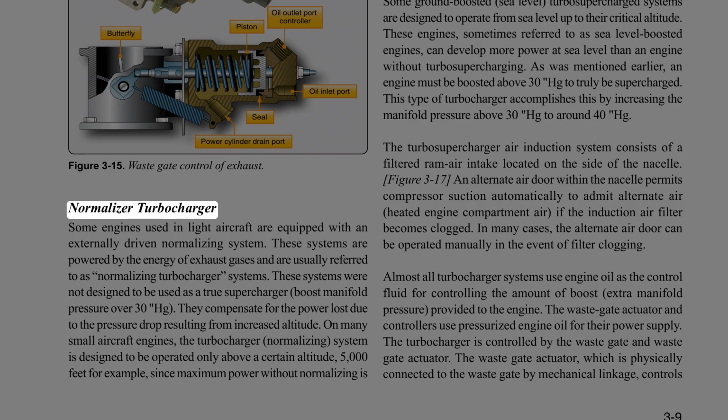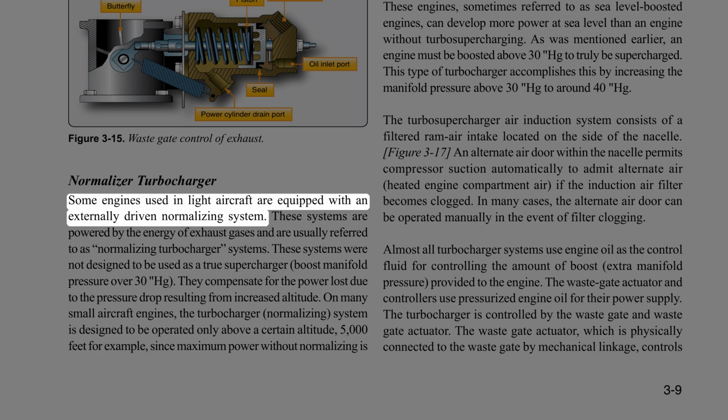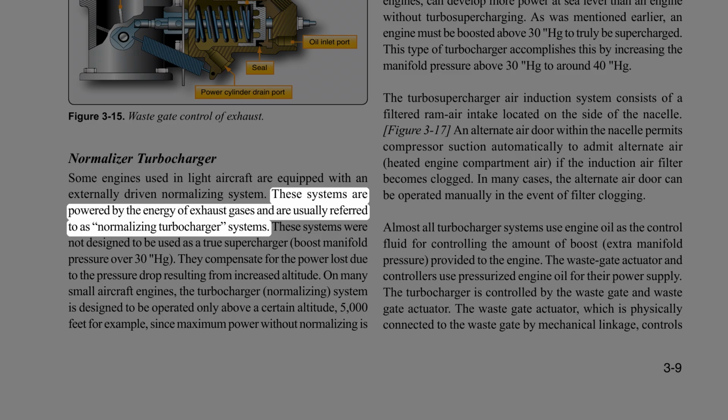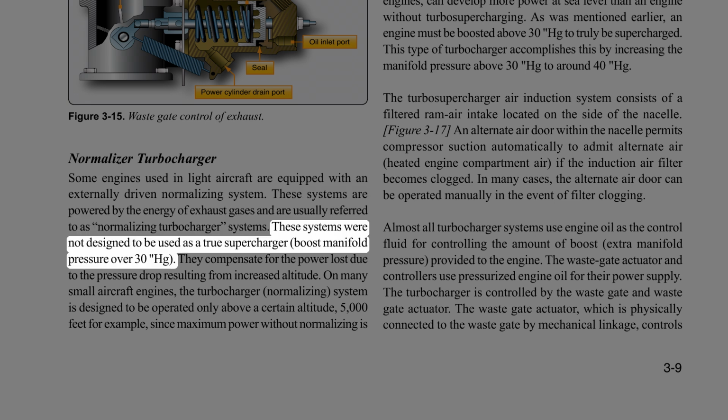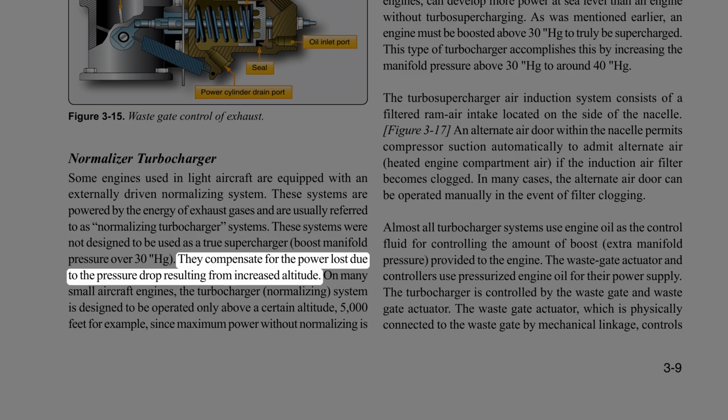Normalizer turbocharger. Some engines used in light aircraft are equipped with an externally driven normalizing system. These systems are powered by the energy of exhaust gases and are usually referred to as normalizing turbocharger systems. These systems were not designed to be used as a true supercharger, to boost manifold pressure over 30 Hg. They compensate for the power lost due to the pressure drop resulting from increased altitude.